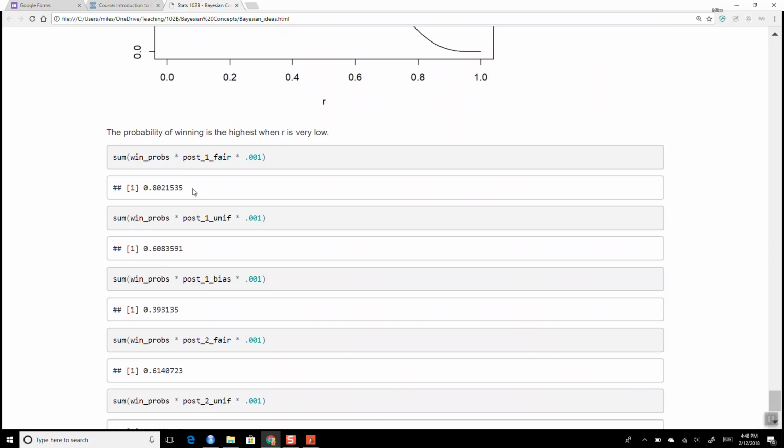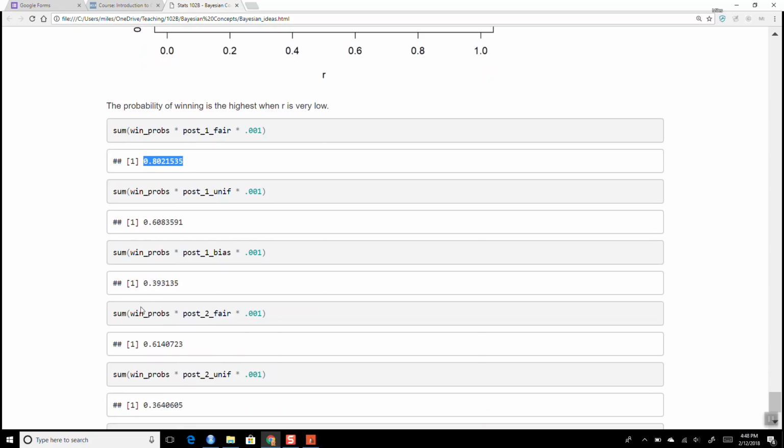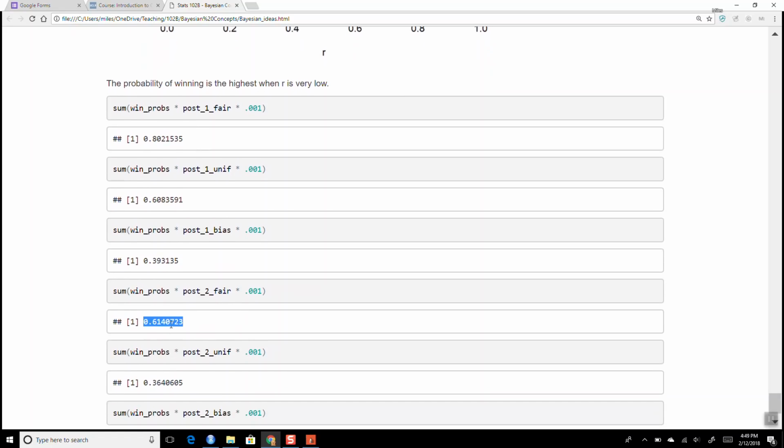Instead of 83%, it's now around 80%, because now I'm incorporating the fact that I saw somebody play the game, they got 10 flips, and they only saw 6 heads, right? Okay, actually, let me skip down to here. If I still went in with the belief that my coin was fair, centered at 0.5, it used to be that the probability that I would win was around 83%.